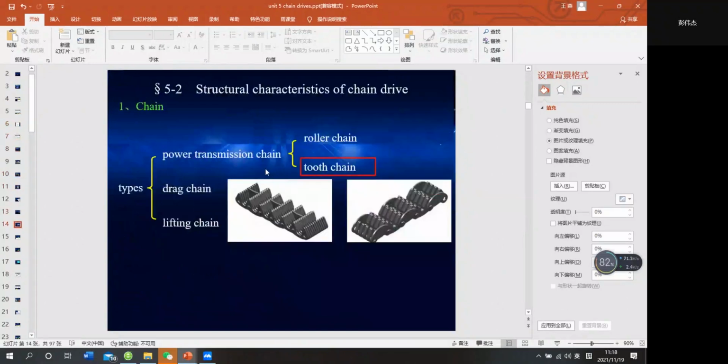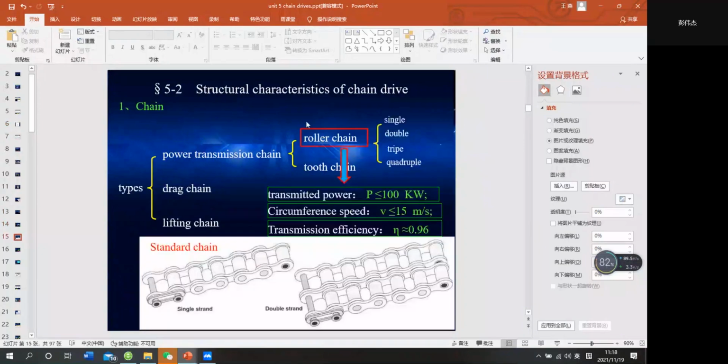Then you should know the types of chain, and you should focus on the power transmission chain. And usually the roller chain is used.